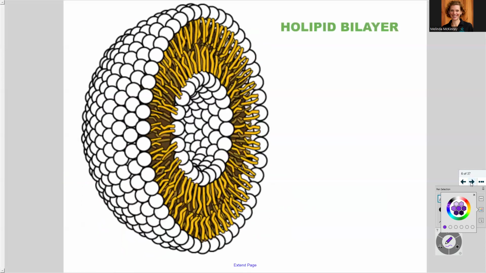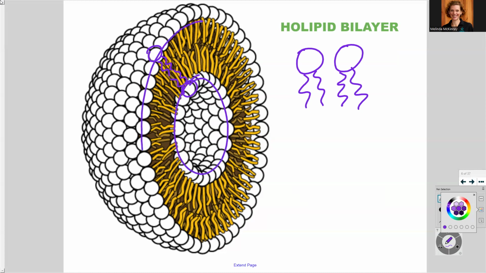So what's shown here is actually, if you put a whole bunch of these molecules, here's one I'm drawing up here in the upper left, then here's one on the inside. If you just dump a whole bunch of these molecules into water, they will actually form into a sphere if that water moves. So they are going to self-organize based on the chemistry into this layer, this phospholipid bilayer.